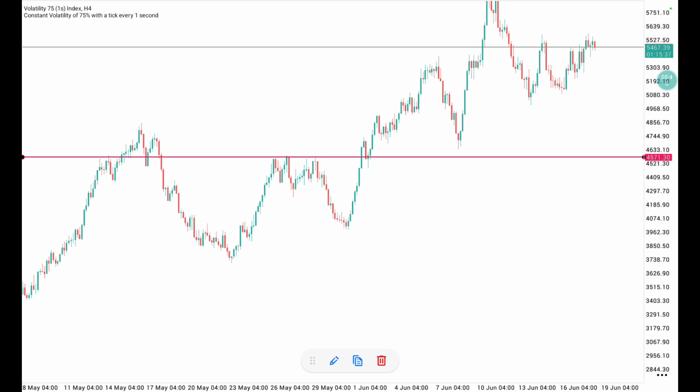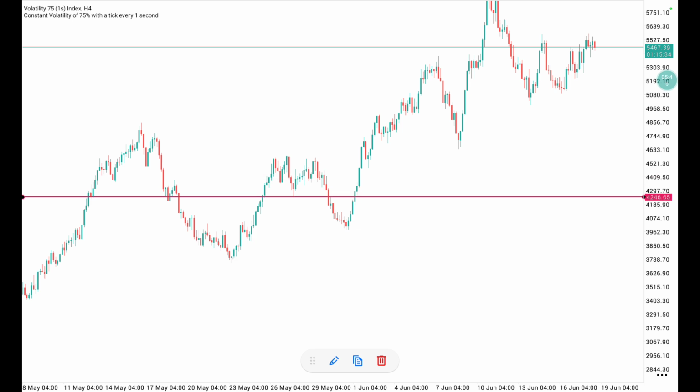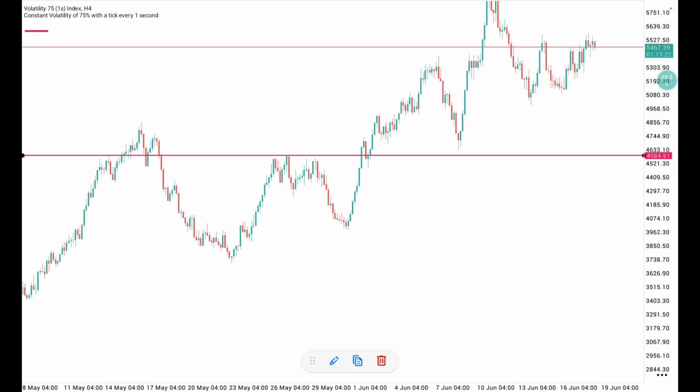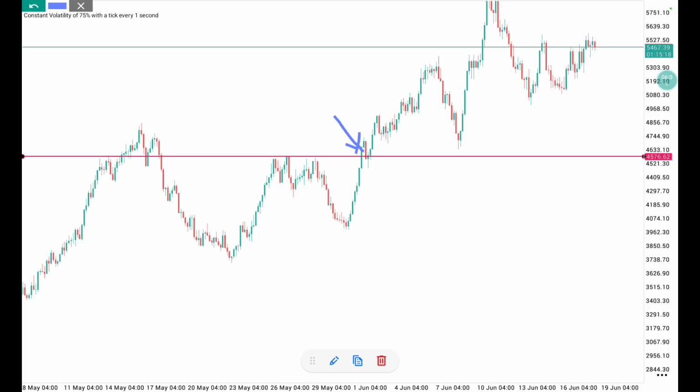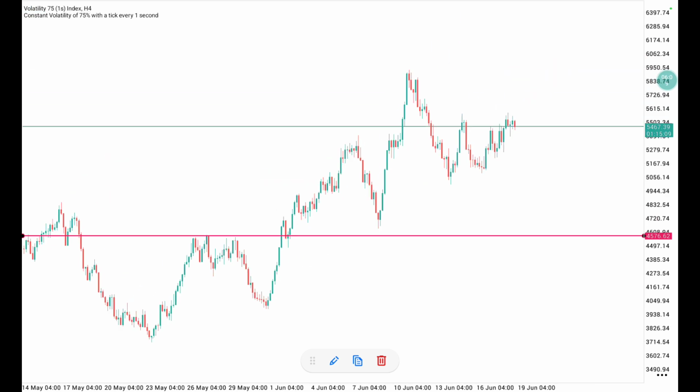Because if I put this line here now, you already know we have a break of structure. There's an energetic push below that low. There is a break of structure. Okay, look at here. There is a break of structure. An energetic body of a candle closes above an old low and old high, that is what we are seeing.